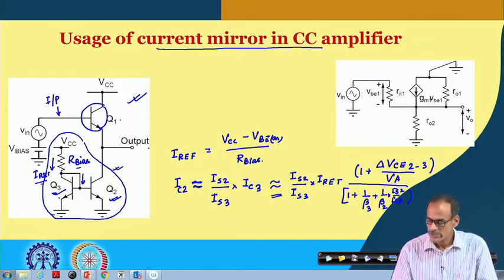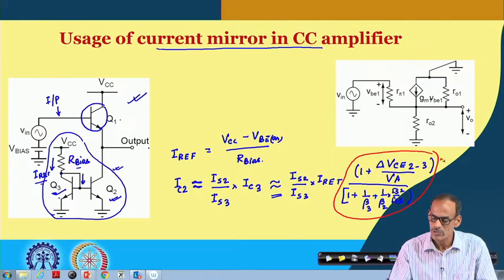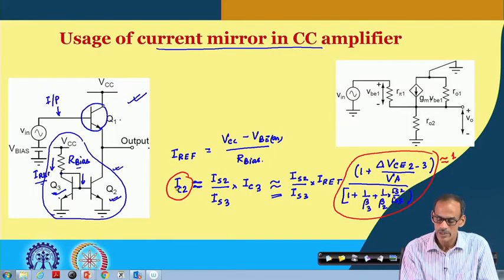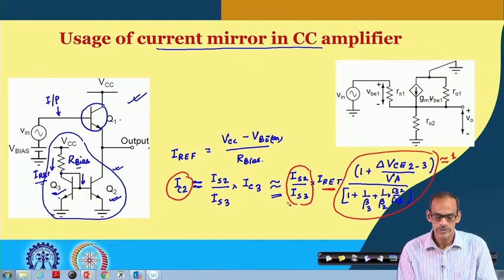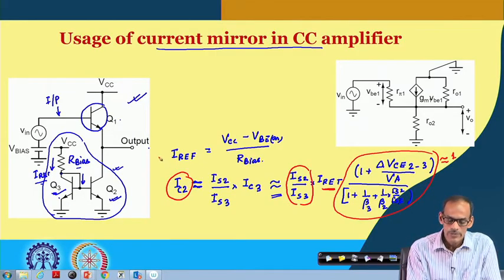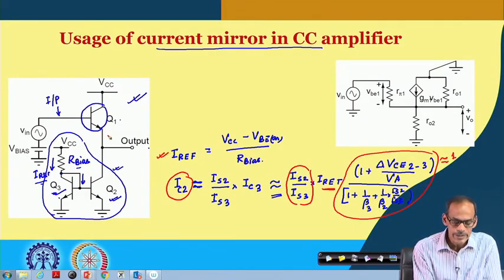Here we assume that this non-ideality factor is approximately equal to 1, and hence we can approximate this collector current as the reference current multiplied by the reverse saturation currents ratio of transistor 2 and transistor 3, and the I reference current is given. So, that sets the emitter current of transistor 1. So, IE1 is equal to IC2.